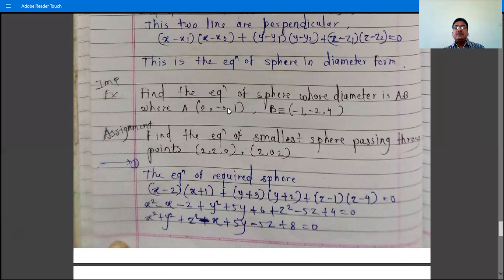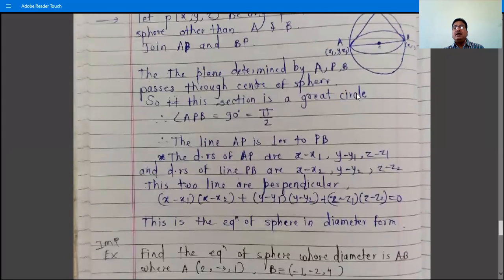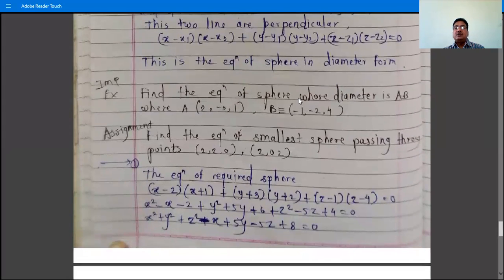We are given x1, y1, z1 and x2, y2, z2, the coordinates of the end points of the diameter. So this is x1, y1, z1, and this is x2, y2, z2. Compare. Then what is the equation of the sphere?